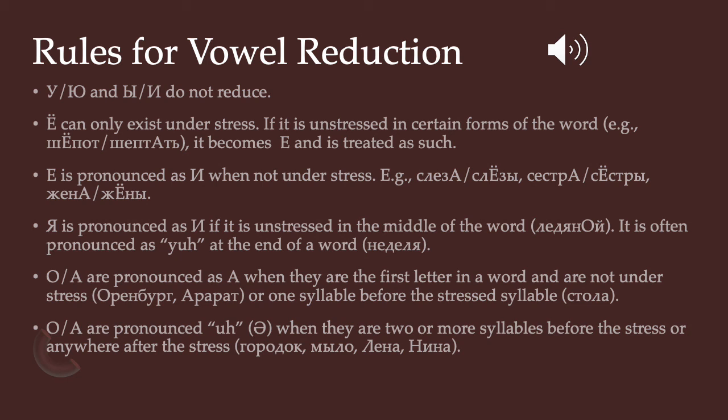So you can see this in the word gorodók, a little town, or Móyla, or Léna, or Nína. So in gorodók, the first o is pronounced as a schwa, the second o is pronounced a, and the third o, which is the one under stress, is pronounced o. With Móyla, Léna, and Nína, we have an o or an a that is after the stress, and so they're all pronounced kind of an uh sound.